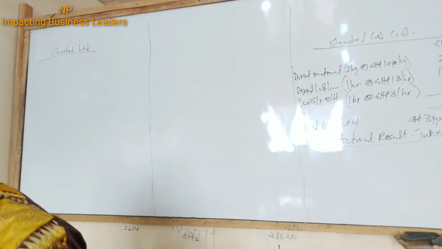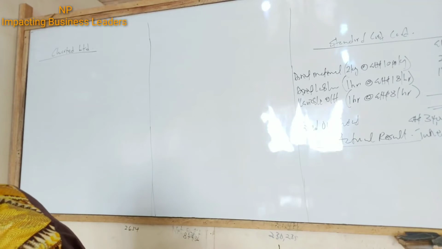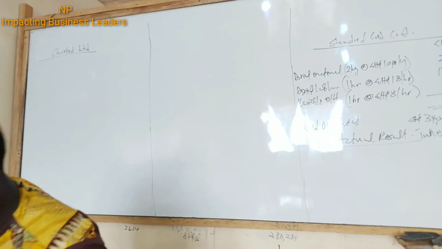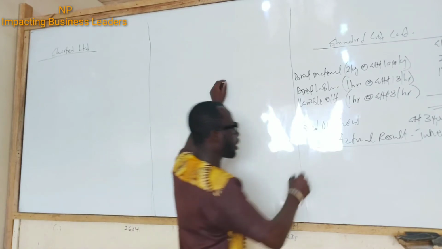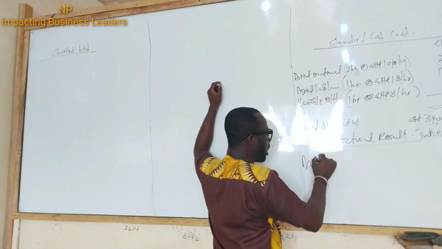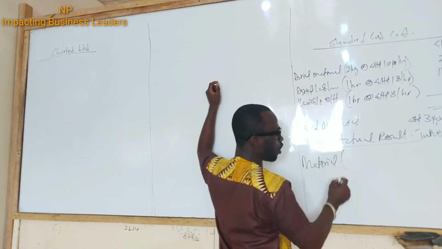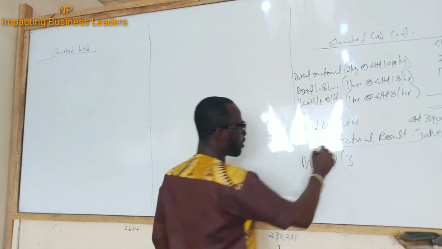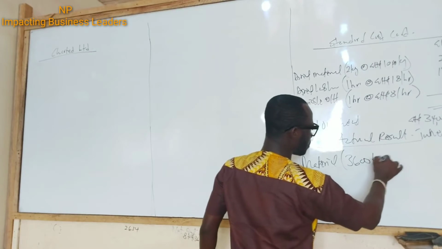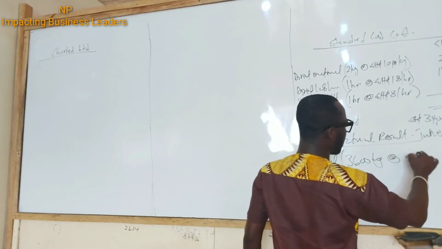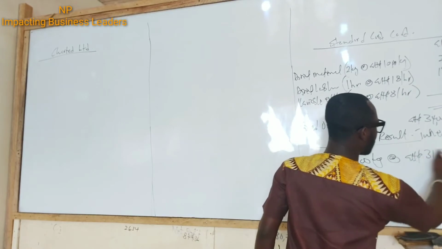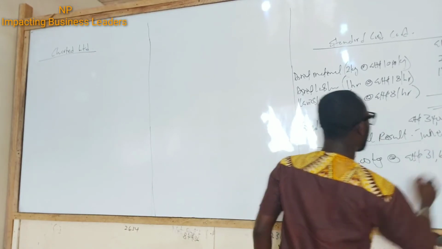During June, the company purchased how many? 3,600 kilograms of raw material costing 31,620 Ghana cedis.